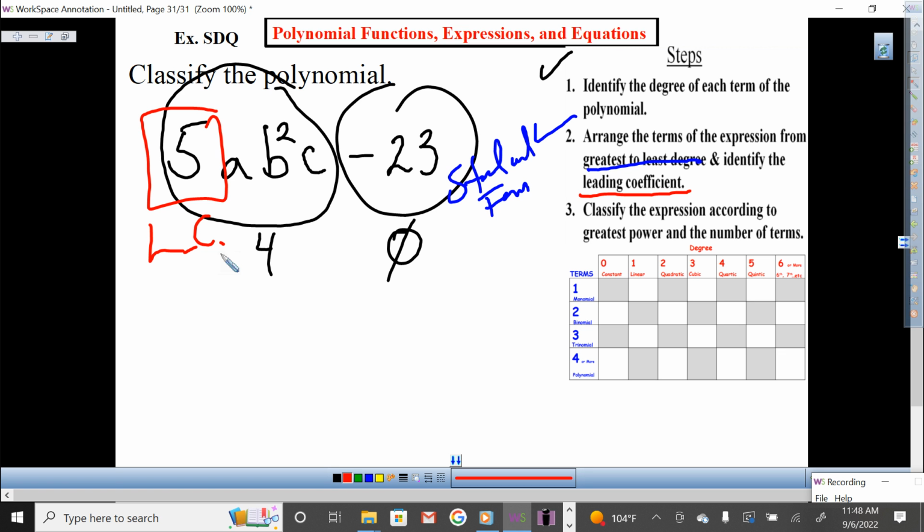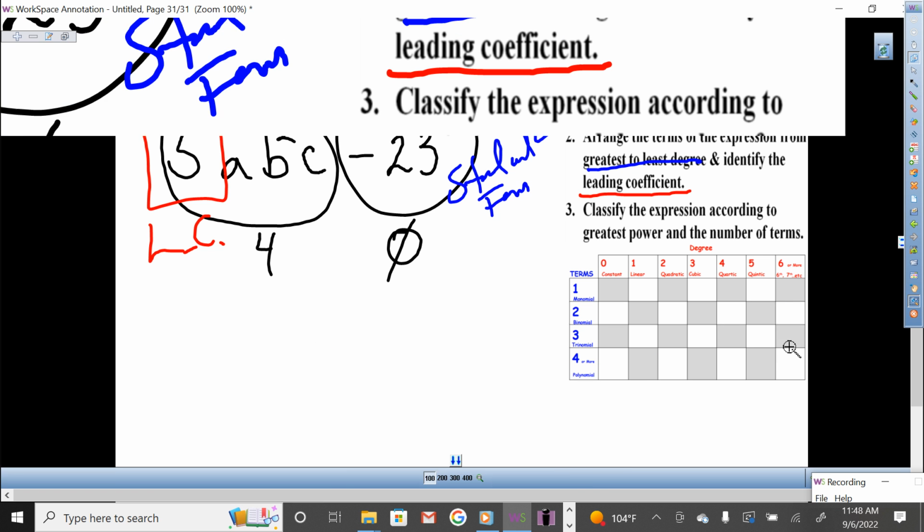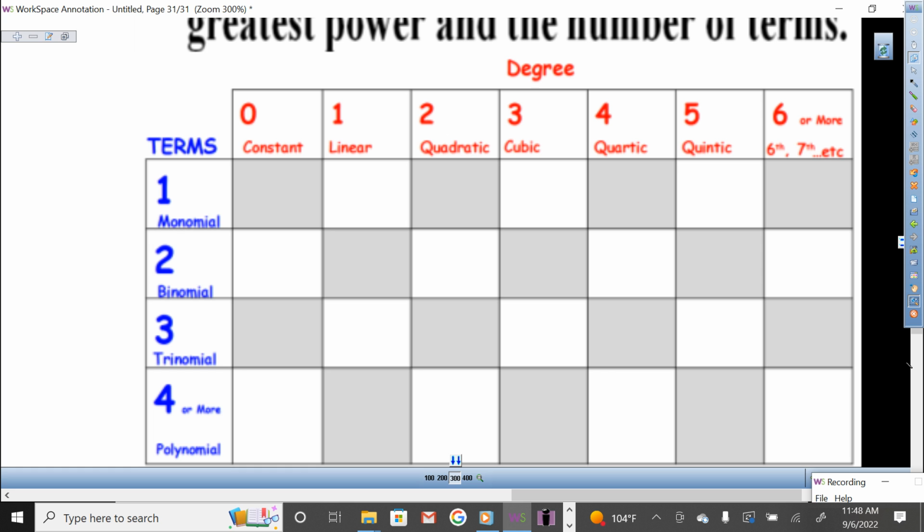And last but not least, the name. Pass it to someone, Fabian. What's the name of this polynomial? Lorena, what'd you get for the name of this polynomial? Close.